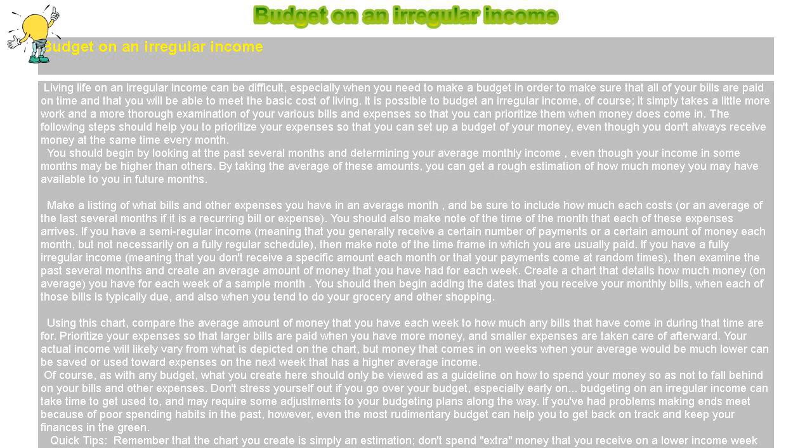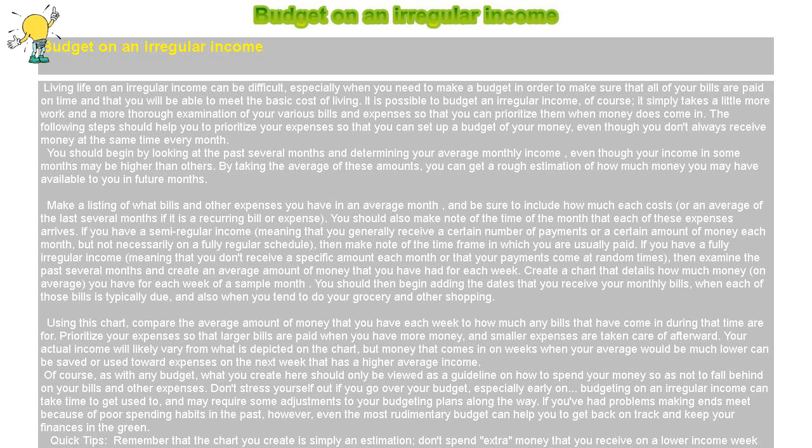If you have a semi-regular income, meaning that you generally receive a certain number of payments or a certain amount of money each month, but not necessarily on a fully regular schedule, then make note of the time frame in which you are usually paid.